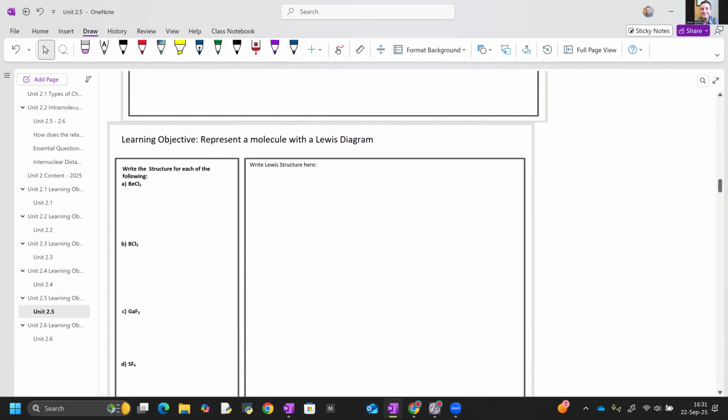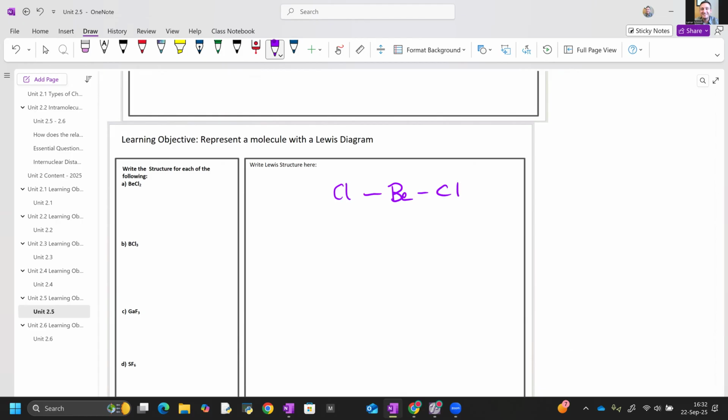And so we have beryllium chloride. Beryllium, as you remember, is from group 2. And since it's from group 2, we know it's one of those that is going to form an incomplete octet and is going to be satisfied with 4 electrons. So the first thing we're going to do is write out the structure Be and then Cl and Cl.